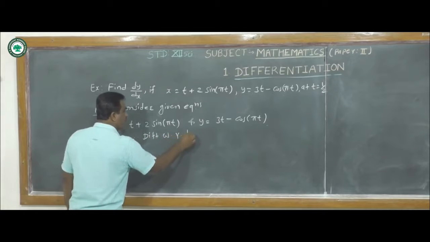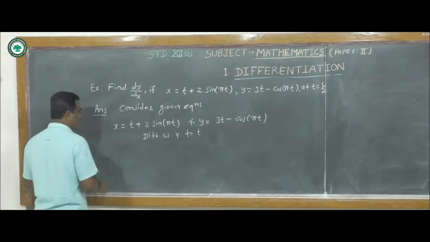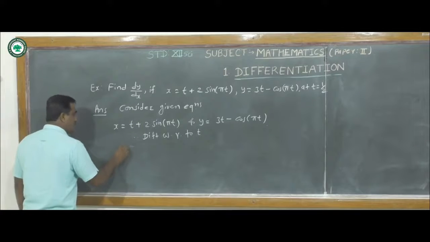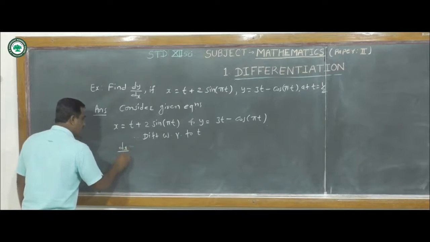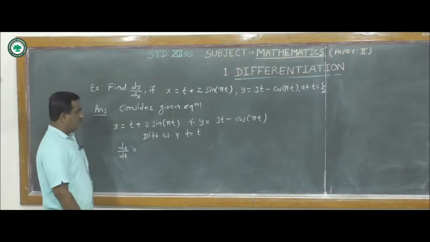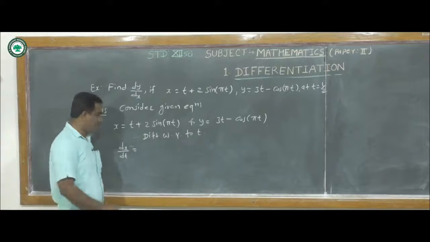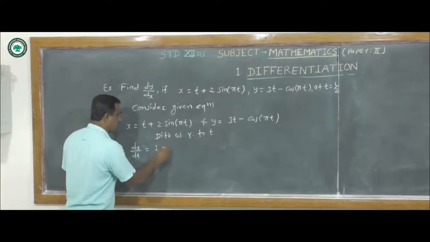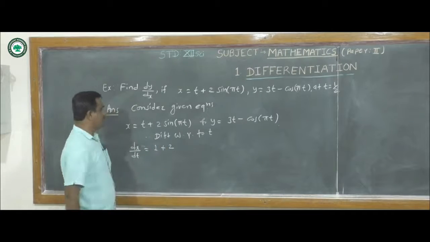Therefore the derivative of x with respect to t is dx by dt equal to the derivative of t with respect to t, which is 1, plus 2 into the derivative of sine of pi t. Here 2 is a constant term, keep it as it is.